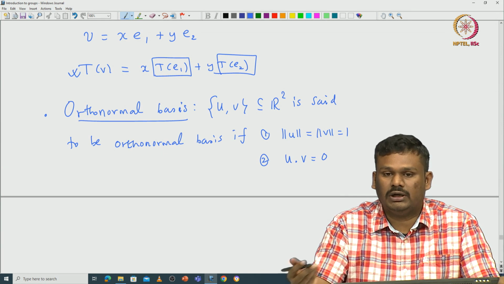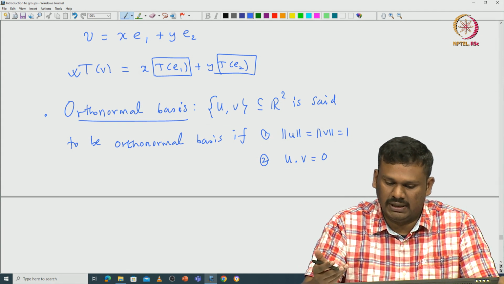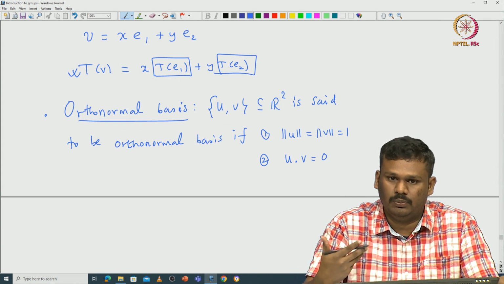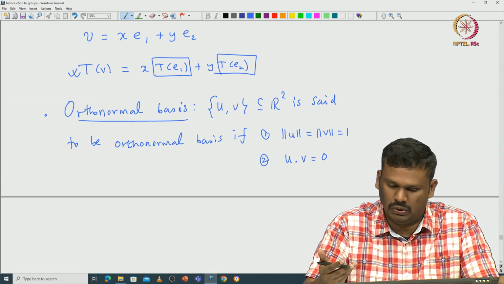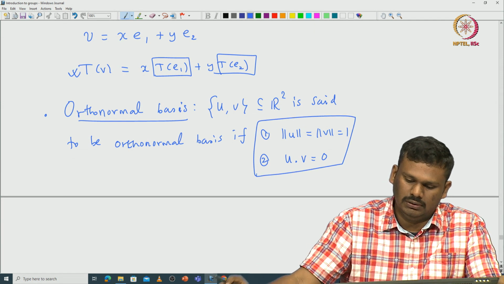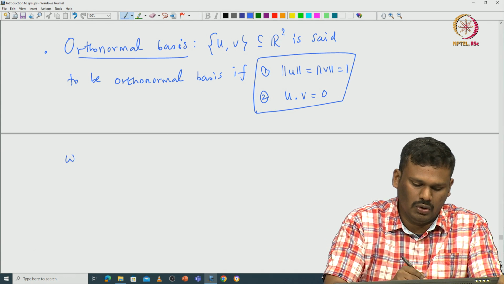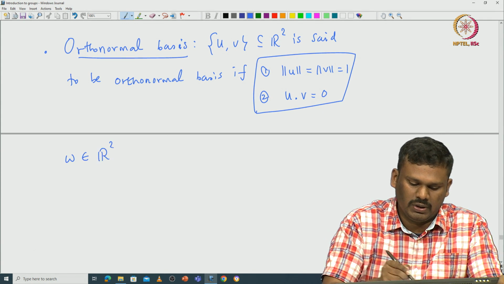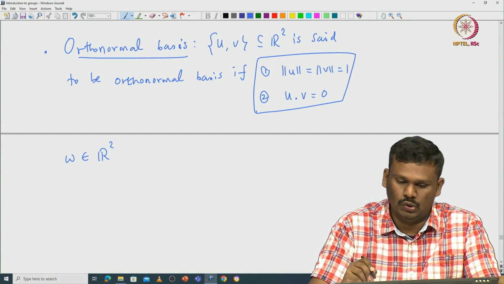Actually, once you assume that u is not a multiple of v, and it satisfies these two conditions, then you can immediately prove that u and v must form a basis of R2. Using this property, one can conclude that any given vector w of R2 can be written in a unique way using u and v.